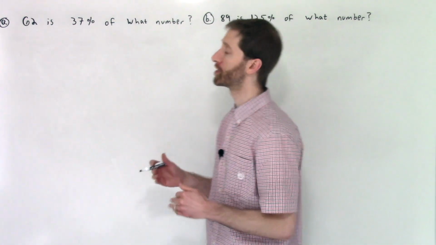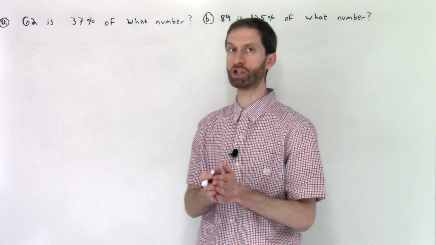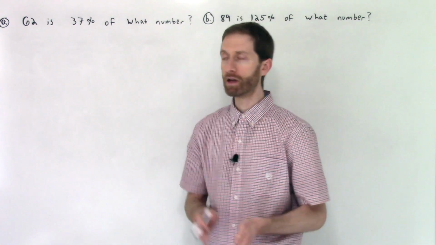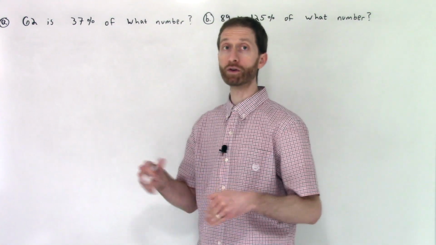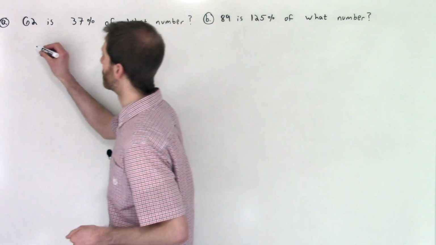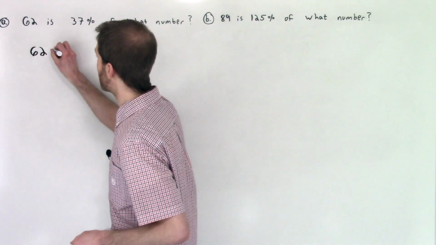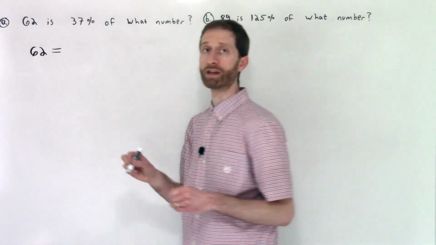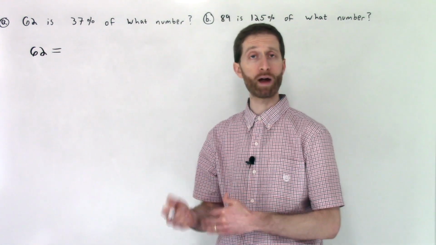Okay, so to use an equation, we literally do a direct translation of what is written here. We have 62 is 37% of what number? So 62 is always means equivalent to, equals to, 37%. Now in an equation, I write that as either a fraction or as a decimal.